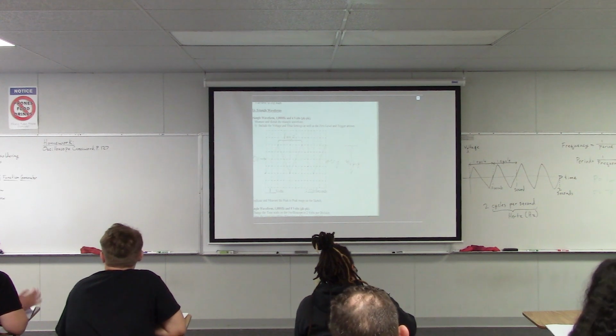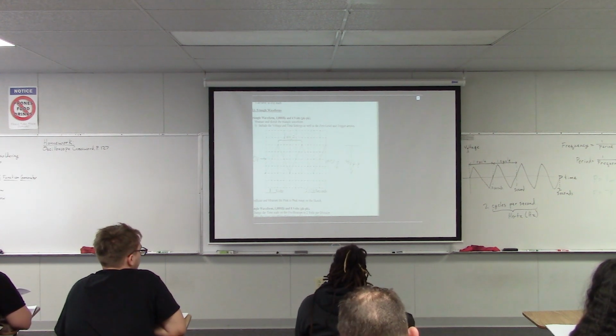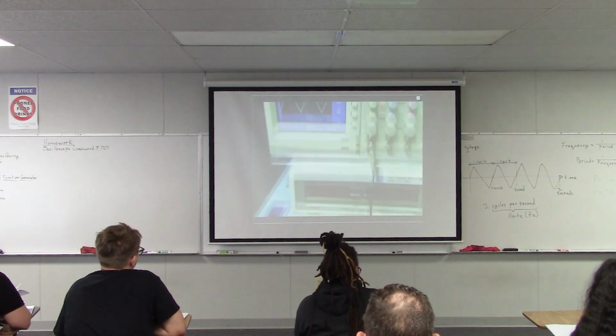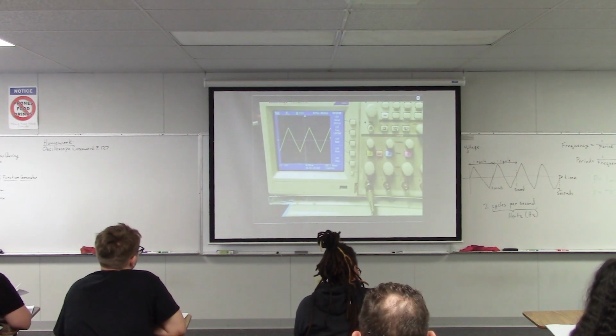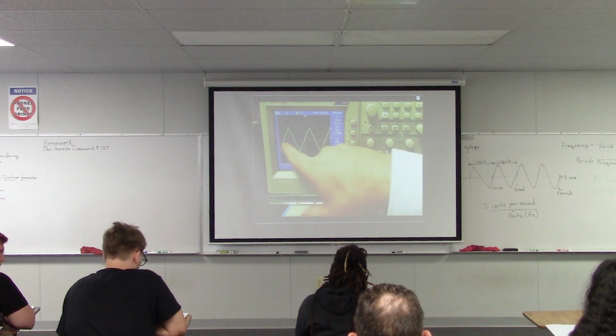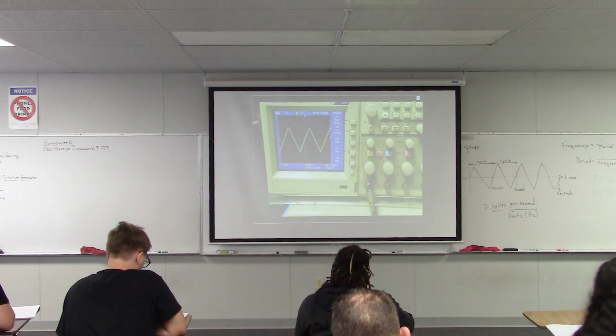And I want you to be careful about this. If it's this triangle wave on the screen, I don't want you to just draw a rough triangle. I want you to actually make sure that you have the correct number of divisions. So if we look at the screen here, we can see that it's 4 divisions from the top of the wave to the bottom. So make sure you do that.